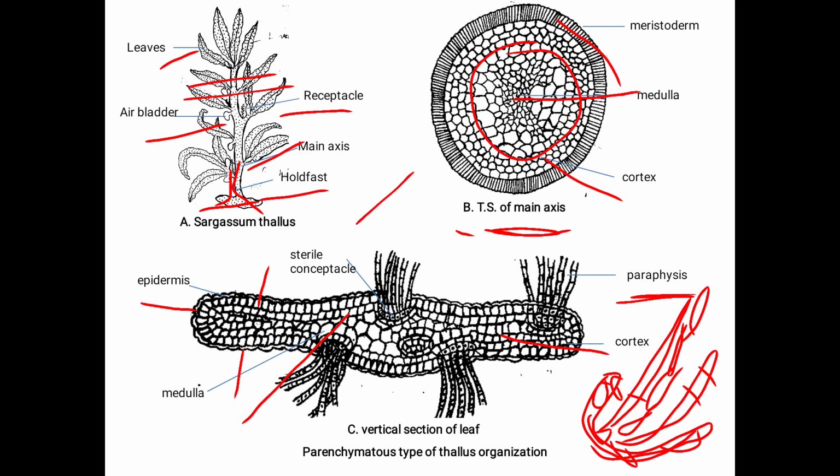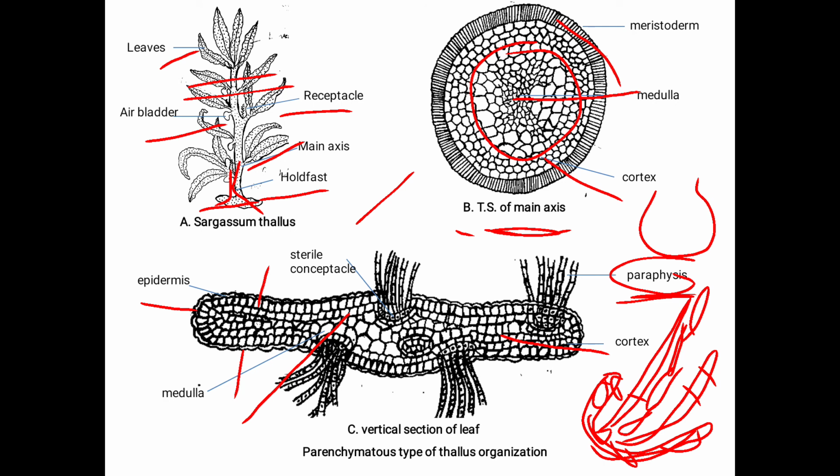Then, what is this sterile conceptacle? It is also known as a cryptoblast. This is one of many flask-shaped cryptostomata or sterile conceptacles. The flask-shaped cryptostomata or sterile conceptacles present on leaves contain many sterile hairs or paraphysis.